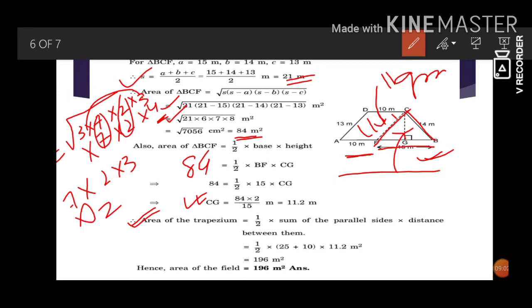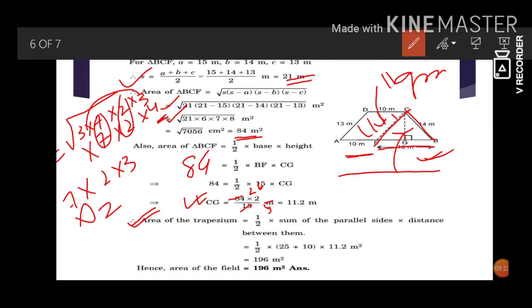So using it, if we make CG the subject, then we will get 84 into 2 divided by 15. Now 84 is a multiple of 3 as well as 15 is a multiple of 3. So if we cancel it, we will get 5 at the denominator and 84 can be written as 28 into 3.